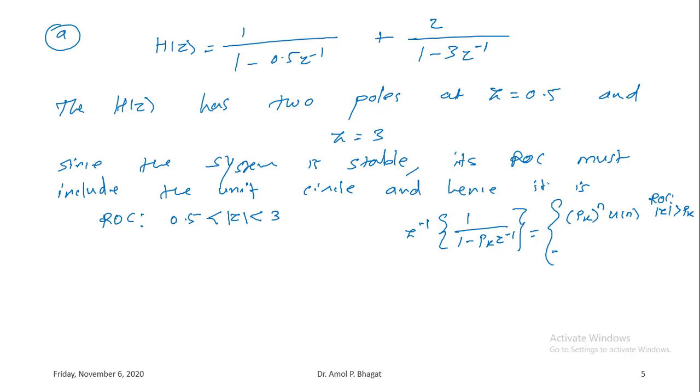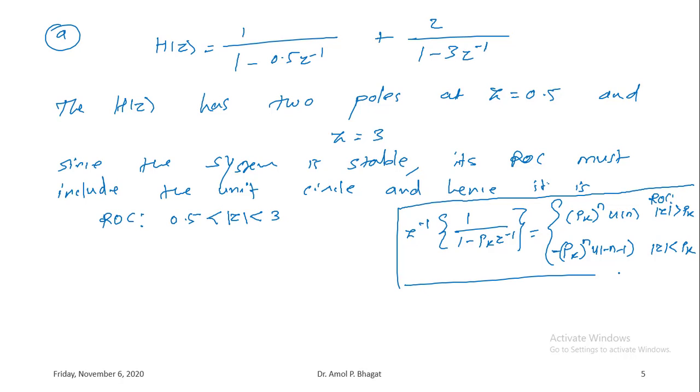And the second was minus pk raised to the power n u of minus n minus 1 when mod Z is less than pk. This standard form we already discussed when we saw the inverse transform by partial fraction expansion.